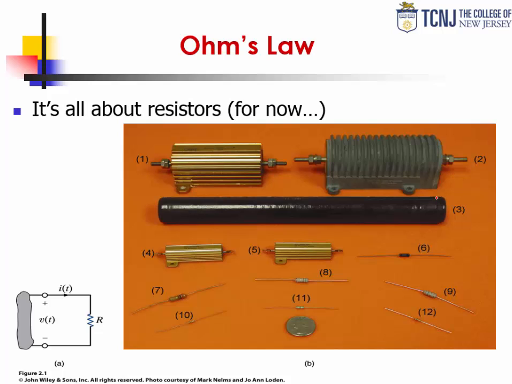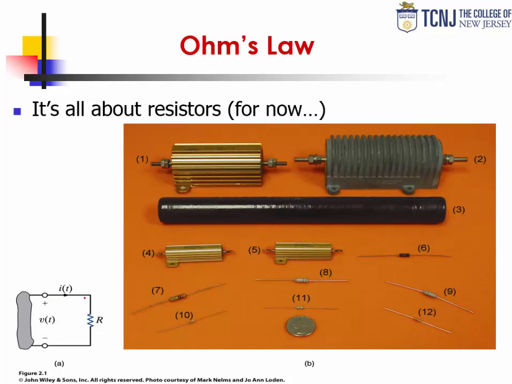This chapter and the analysis of circuits in it focuses on resistors. Resistors are electronic devices that by their inherent behavior, when a voltage is applied across the two leads of a resistor, offer a resistance to the flow of current. So when we apply a voltage across the resistor, a current is going to be forced by that potential, by that electrical pressure.